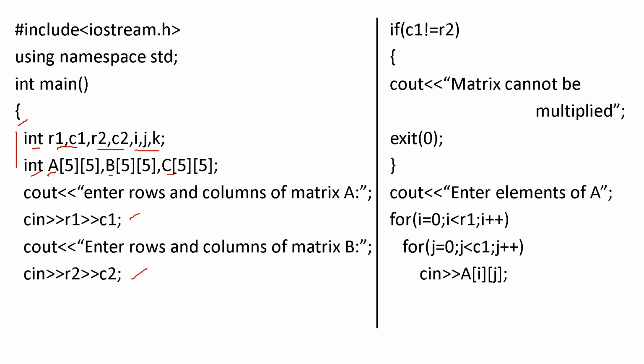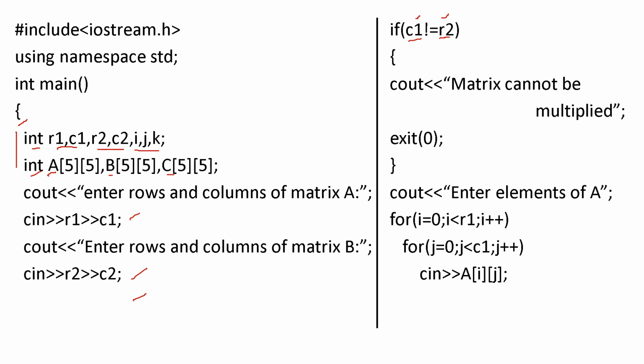For multiplying two matrices, we know the common rule, that is, the number of columns of the first matrix should be equal to the number of rows of the second matrix. So after getting the rows and columns, we check whether C1 is equal to R2 or not.